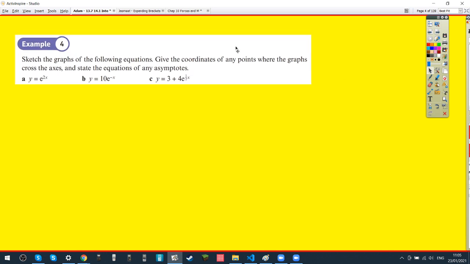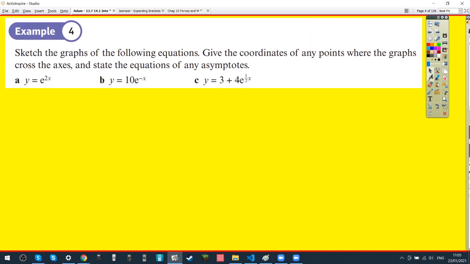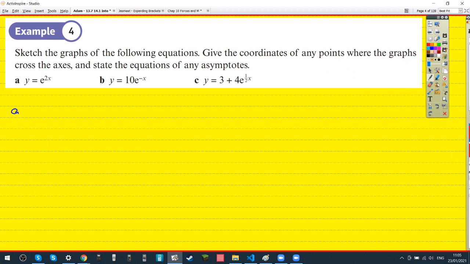Alright, sketch these graphs. Even I don't know. I'm thinking you would just stick it in a graphical calculator, but let me think. So e to the 2x looks something, no, sorry, that's e to the x. Y equals e to the x.